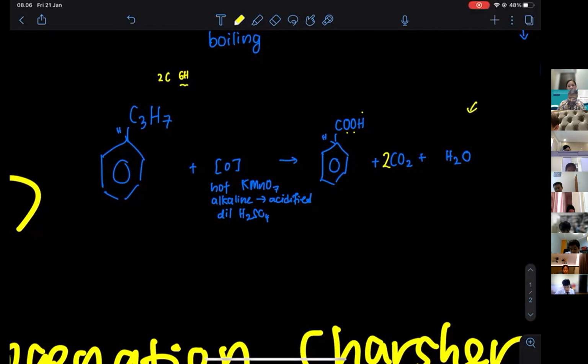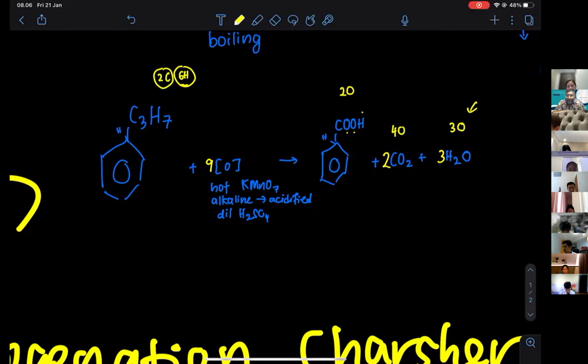The only way is to put 3, so that I use up the 6. I have already used up the 2 carbon also. The last thing you need to balance is the oxygen. I have 3 oxygen over there, 4 oxygen over here, and 2 oxygen over here. That makes a total of 9, so you need 9 oxygen. What you need to do is just put 9. Simple, right?